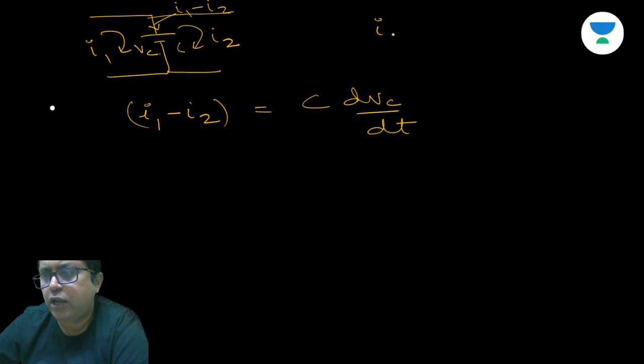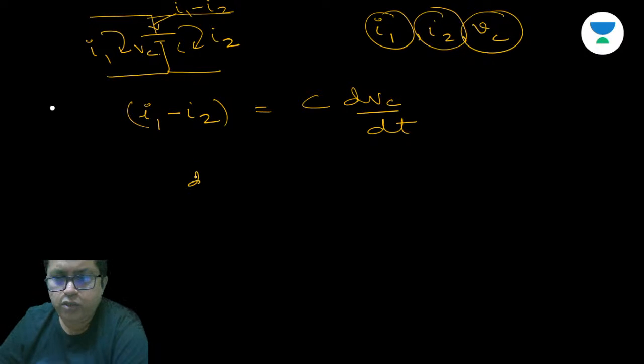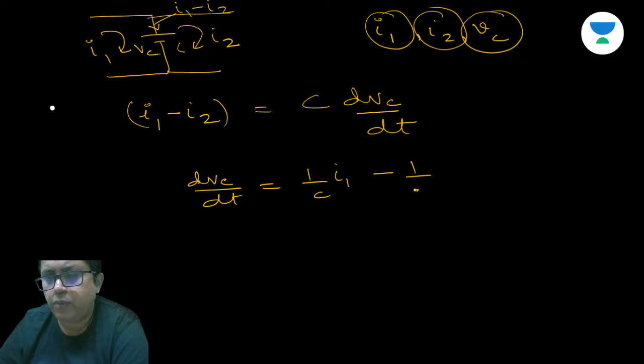Remember, there are three state variables, so we need the derivative of each. Derivatives of I1 and I2 are in equations 3 and 4. We need the derivative of VC. So from here, dVC by dt is equal to 1 by C I1 minus 1 by C I2.